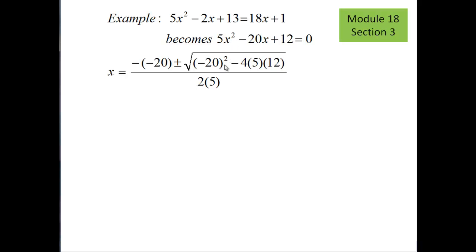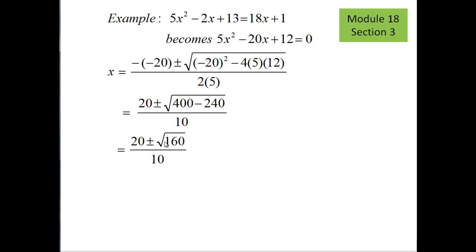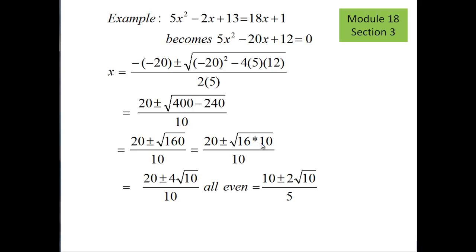Now 20 squared and 4 times 5 times 12, I work that out on the calculator. 400 minus 240 comes out to be 160. 160 is 16 times 10. Now I can take the square root of 16 and move it out in front. So the square root of 16 is 4, and the 10 will stay in.